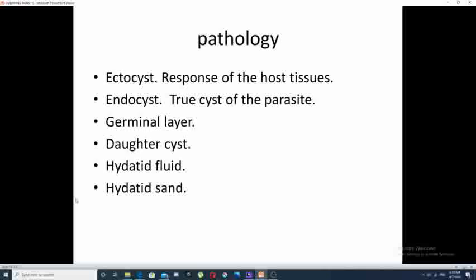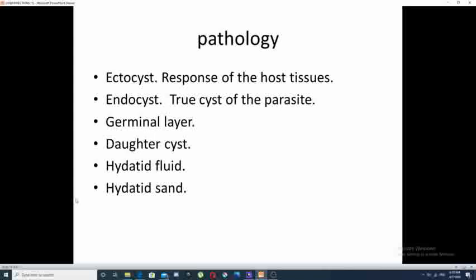Pathology of the hydatid cysts. First thing you should know is that the hydatid cyst of the liver is composed, pathologically speaking, of 3 main layers.